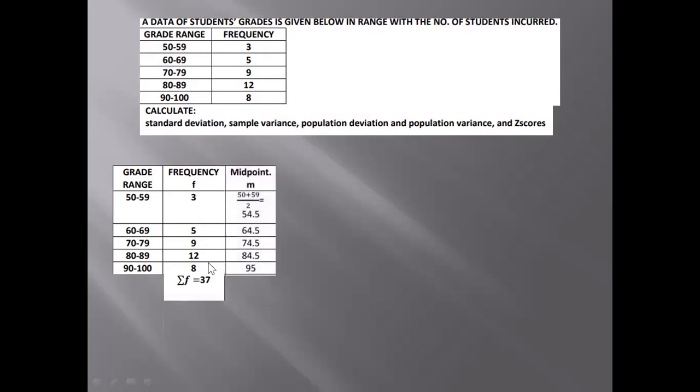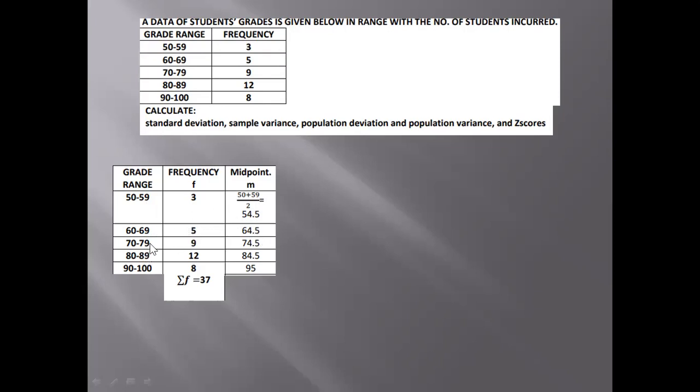For the midpoint, we're going to solve the midpoints per range or per row. For the first row, we have the lowest value at 50 and the highest at 59. So 50 plus 59 all over 2 gives us 54.5. For the 60 to 69 range, 60 plus 69 all over 2 gives us 64.5.